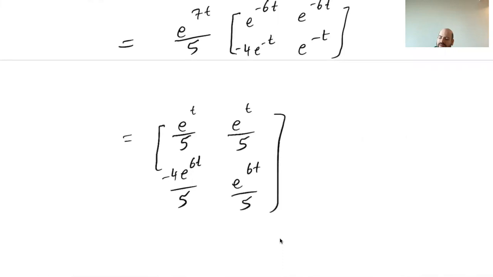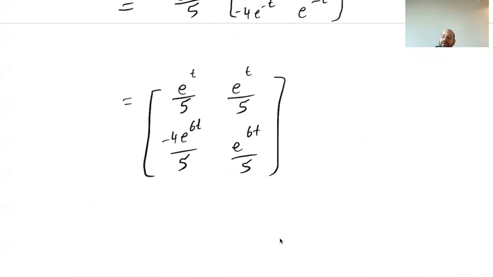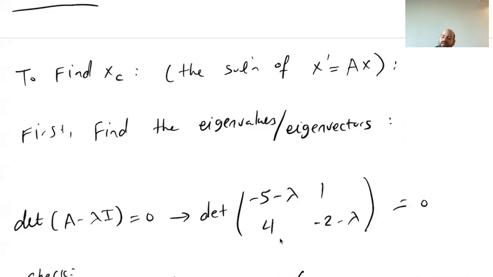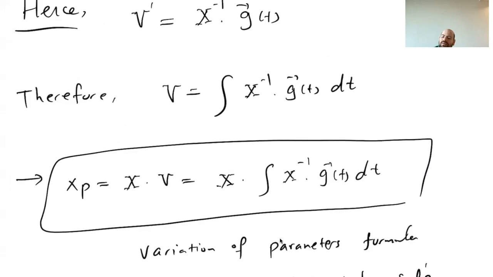So this is my X inverse. Now that we found X inverse, in order to find V, we need to find the integral of X inverse times g of t.